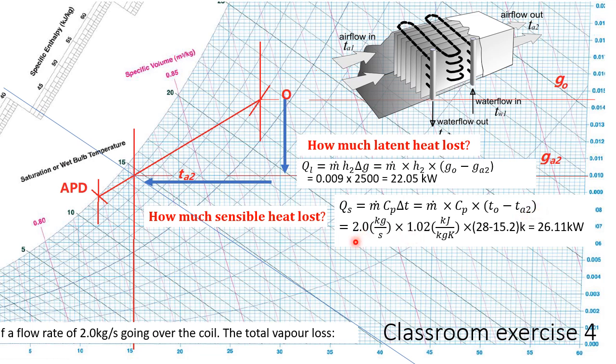The air flow rate is 2.0 kilogram per second, multiplied by the specific heat of air, which is 1.02 kilojoule per kilogram per K, multiplied by the temperature drop from 28 to 15.2. So K cancelled, and the kilogram cancelled. So you have kilojoule per second, so it's a kilowatt. Therefore, the product is 26.11 kilowatt. So that is the sensible heat, right?